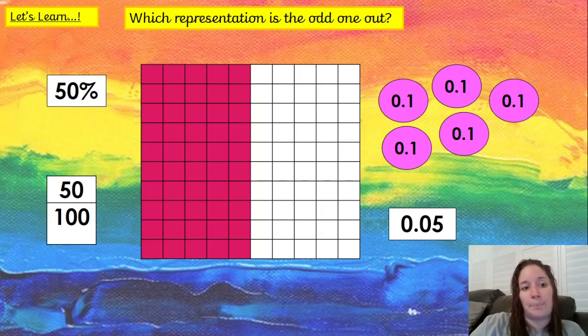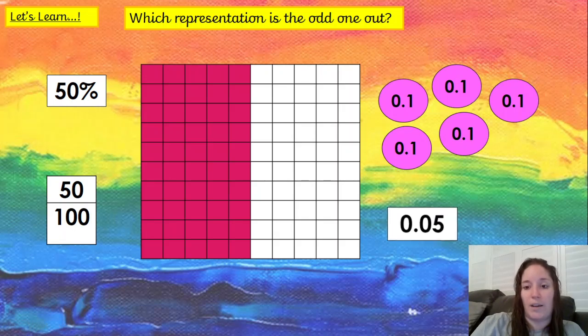What about this one? So which representation is the odd one out here? Have a think. See if you can identify the odd one out. Okay, so we have got 50%, 50 hundredths, we've got 10, 20, 30, 40, 50 blocks shaded in, 1, 2, 3, 4, 5, so that's 0.5, and then we've got 0.05.